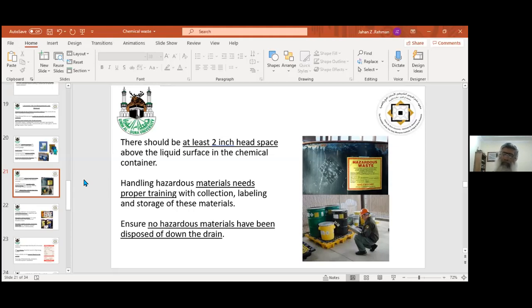If you fill it completely to the mouth of the bottle and then close it, there is a chance that at high temperature it may explode or blast.